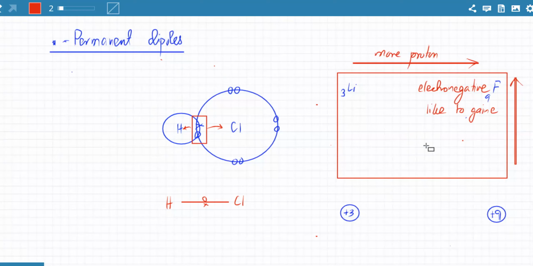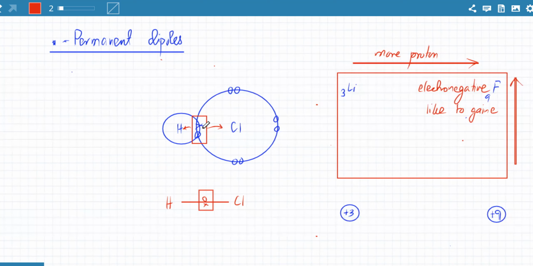Yes, sir. Now, it's like a tug of war. One of the atoms is trying to pull the electron to one side. The other atom is trying to pull the same electrons to the other side. Now, the electrons would be exactly in the middle only if the 2 atoms are pulling the electrons with equal force.